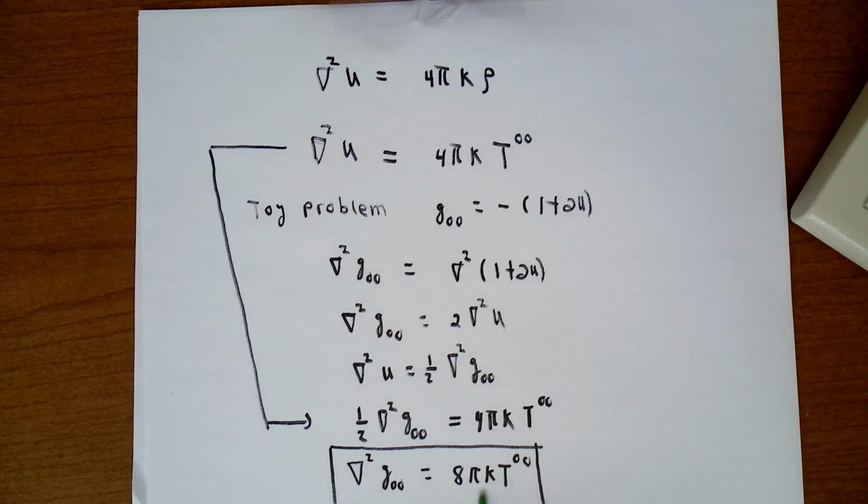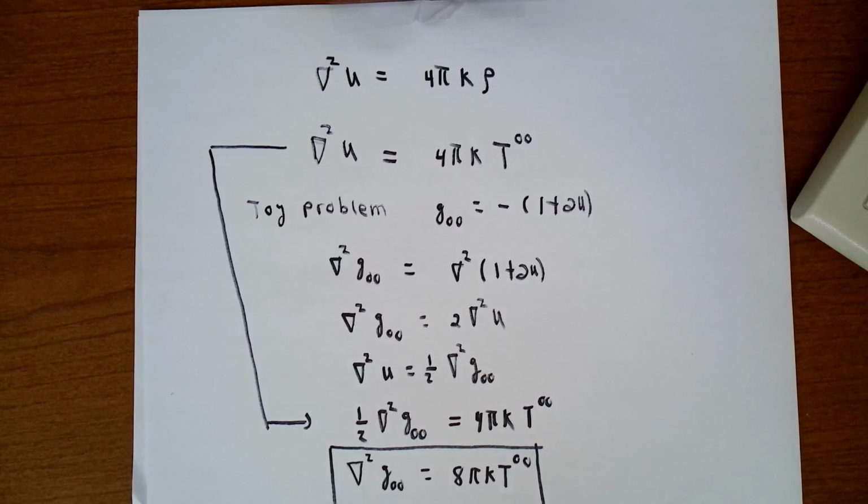On this side of the equation, we will have, besides mass density, energy density, any fluxes of momentum across various surfaces. We will have to consider all of the components of the T tensor. In the simplest possible case, this will reduce down into the Laplacian of the interesting component of the metric tensor.